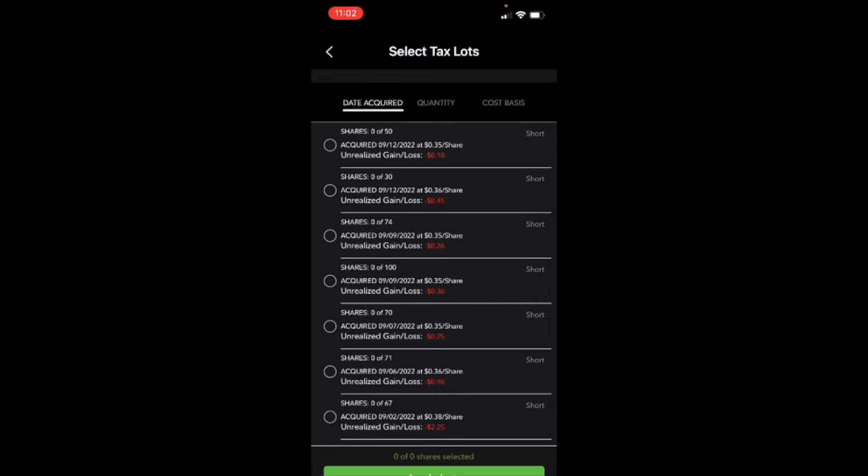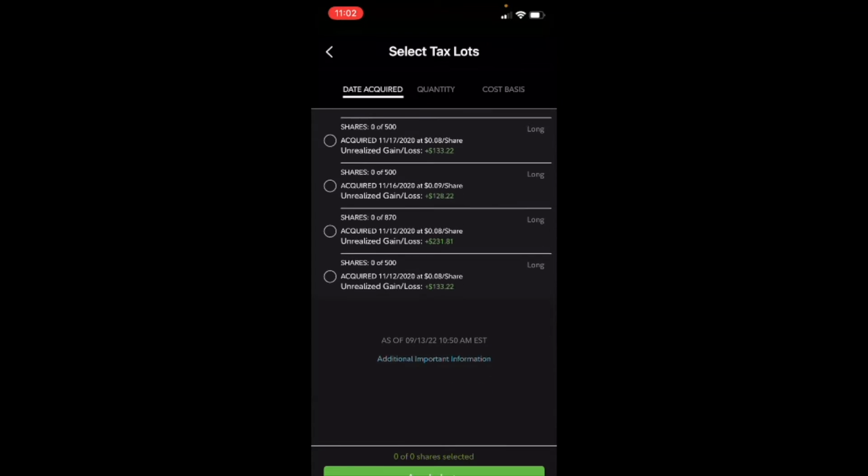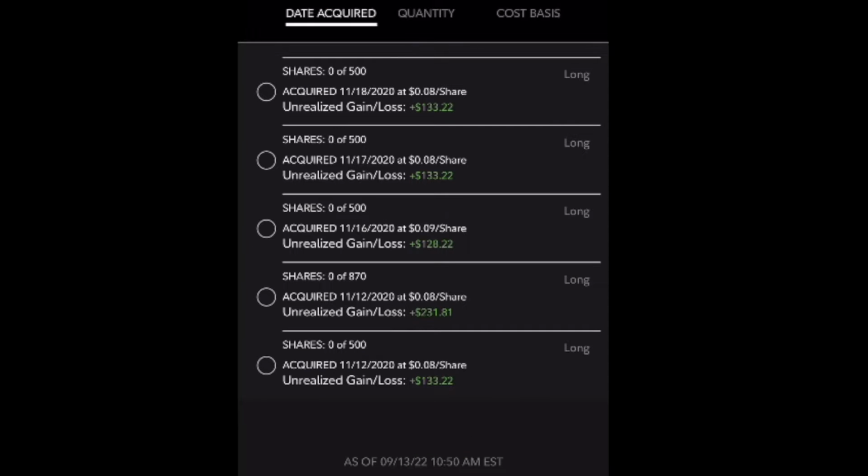And what I want to do is I'm going to scroll all the way down. 11/12/2020. My cost basis per share was 8 cents. So I'm selling to take a profit. And because I'm taking a profit, I can buy back shares of the stock after I make the sale because it's not a loss.